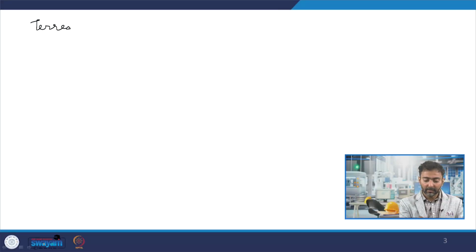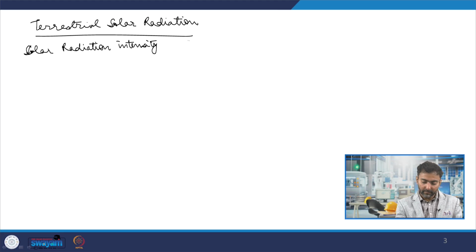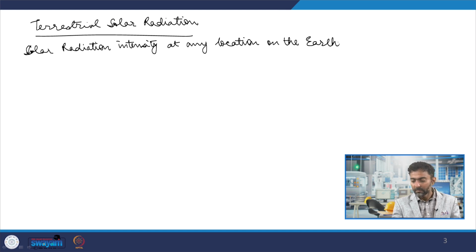There are some effects which come into picture as we go inside the earth's atmosphere, and if we are interested in the terrestrial solar radiation, the solar radiation intensity at any location on the earth depends on several factors. So let's look at some of those broad factors.